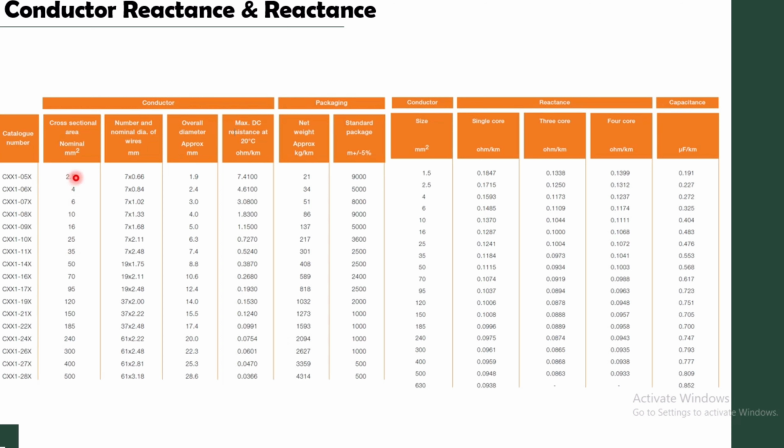See here, 2.5 here, ohm per kilometer 7.4, and also here the reactance. For example, if I want the resistance for a 70 mm cable, the resistance will be 10.6 for every kilometer, and also here the reactance will be 0.0919 for every kilometer also.